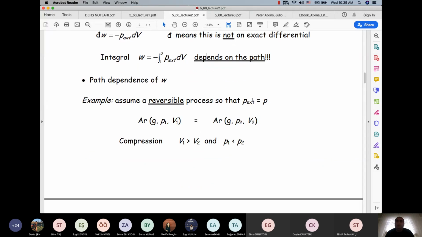In any process, a reversible process means the external pressure is almost the same as the system's pressure. If we are talking about compression, the pressure of the first point is less than the pressure of the last point.